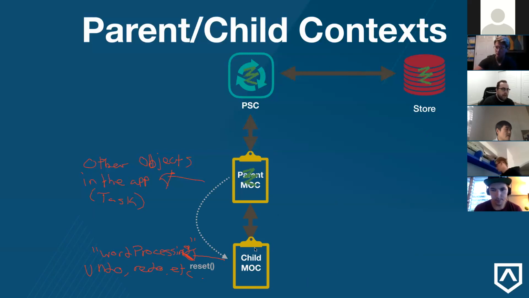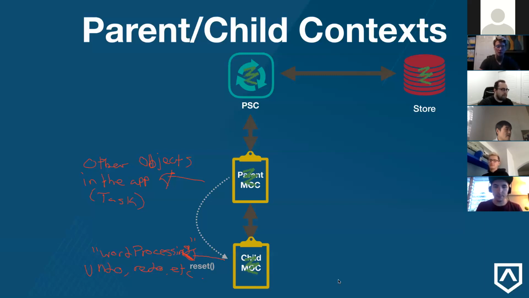Or you could just set the child managed object context's automaticallyMergesChangesFromParent to true. And as soon as those changes are made on the parent, they get thrown down to the child. So either way kind of works.